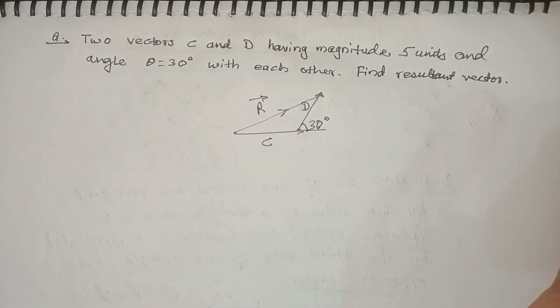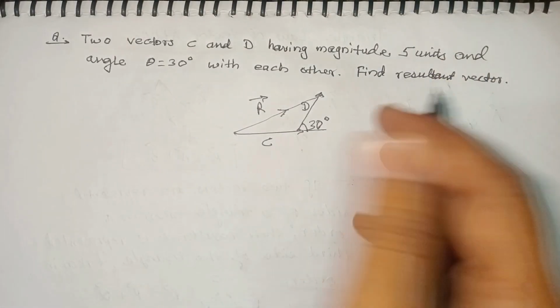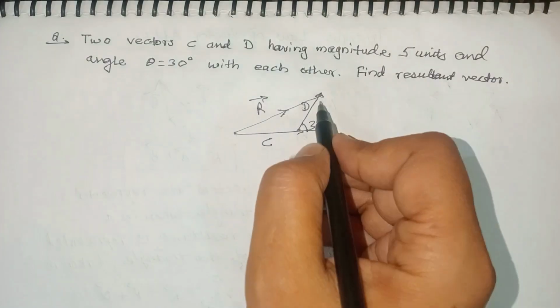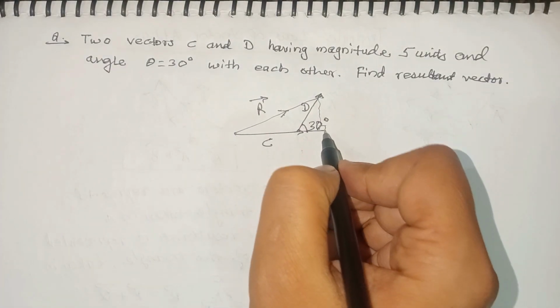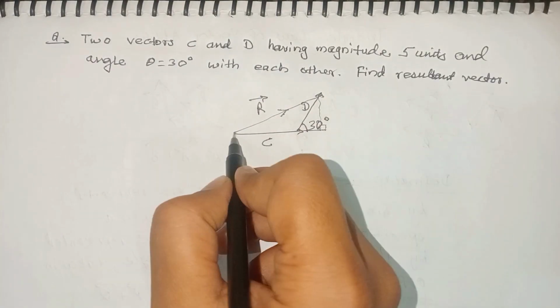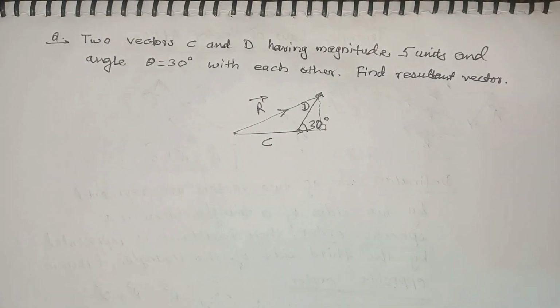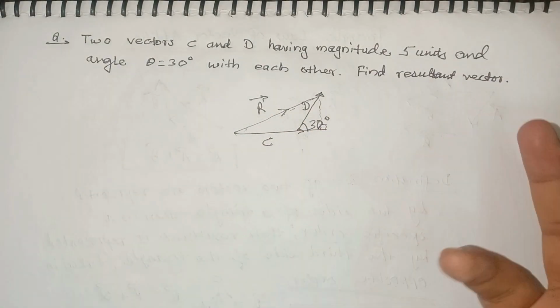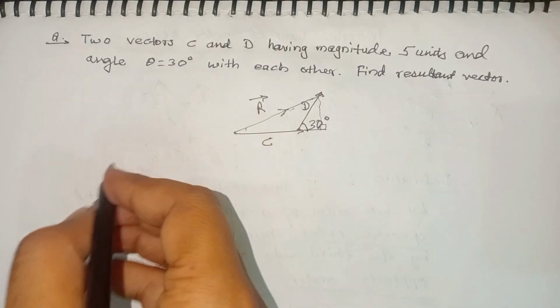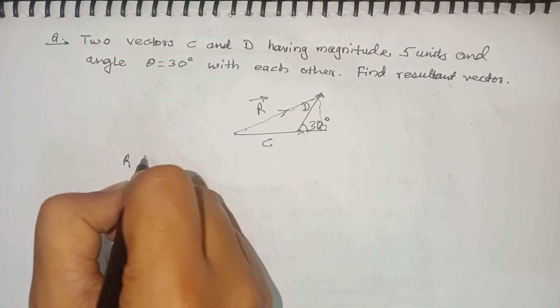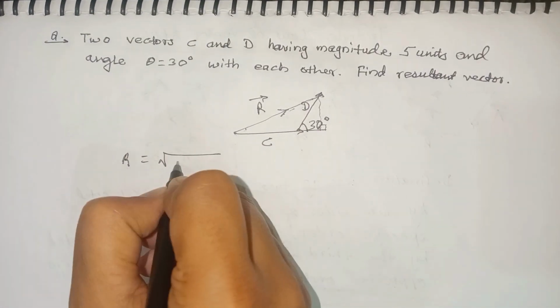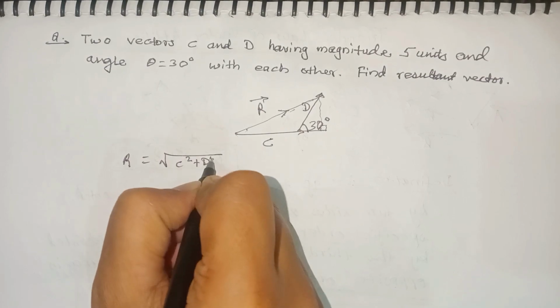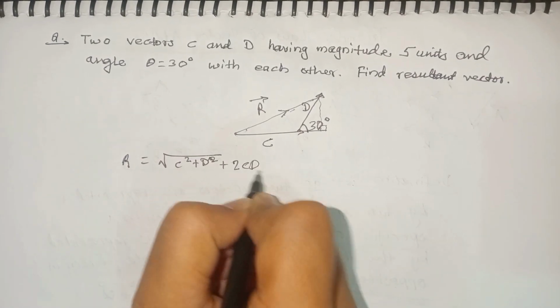Now we have two ways to solve it. Either we solve using the Pythagoras theorem, by dropping the perpendicular here and taking this triangle as a right triangle, getting the magnitude of the hypotenuse, which will be the resultant vector. Or we can directly put in the formula: R equals under root C square plus D square plus 2CD cos theta.